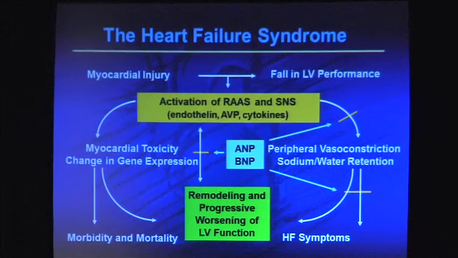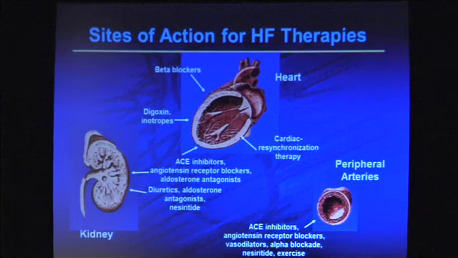But it also leads to symptoms. So part of what happens when you have injury and your heart muscle doesn't work very well is you actually start retaining sodium and water. And those things actually contribute to the symptoms when we talk about people who have heart failure. So if you have anyone in your family who has heart failure, they may be swollen, they may have difficulty breathing. This is part of the pathophysiology of that particular symptomatology.